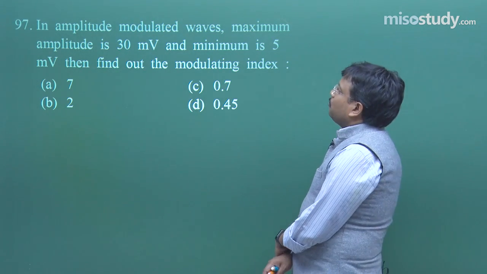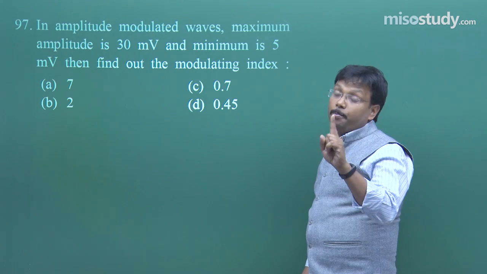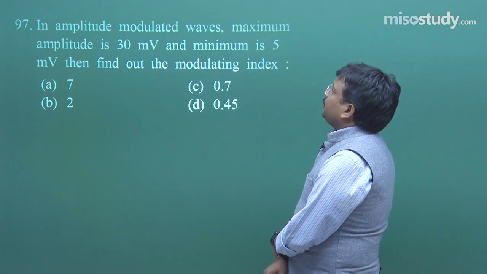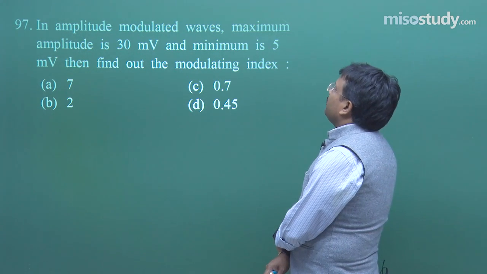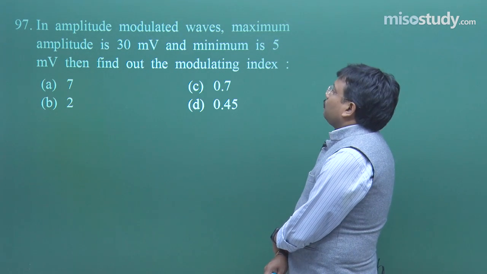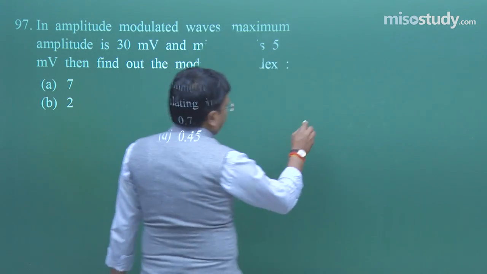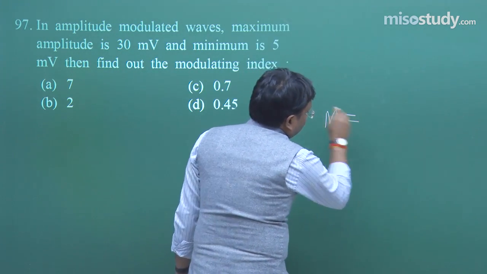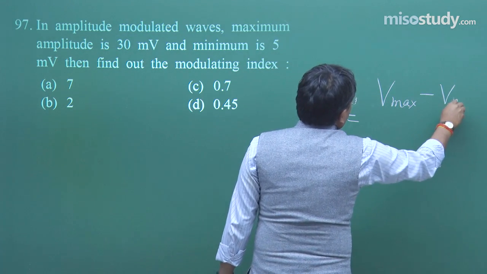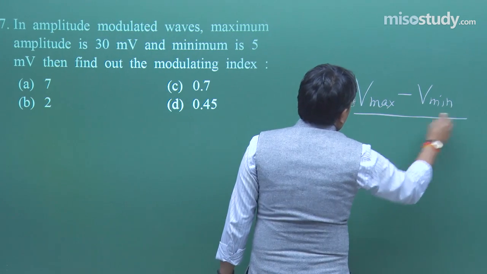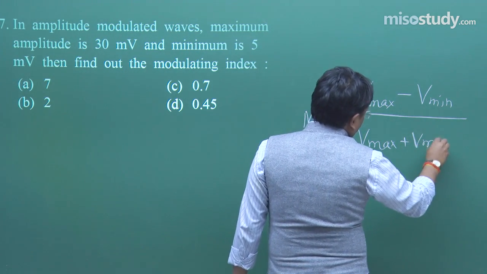In amplitude modulated waves, it is communication system. One question minimum is possible, minimum one question. In amplitude modulated waves, maximum amplitude is 30 mV and minimum is 5. Then find out the modulation index. Modulation index m is equal to V max minus V min upon V max plus V min.